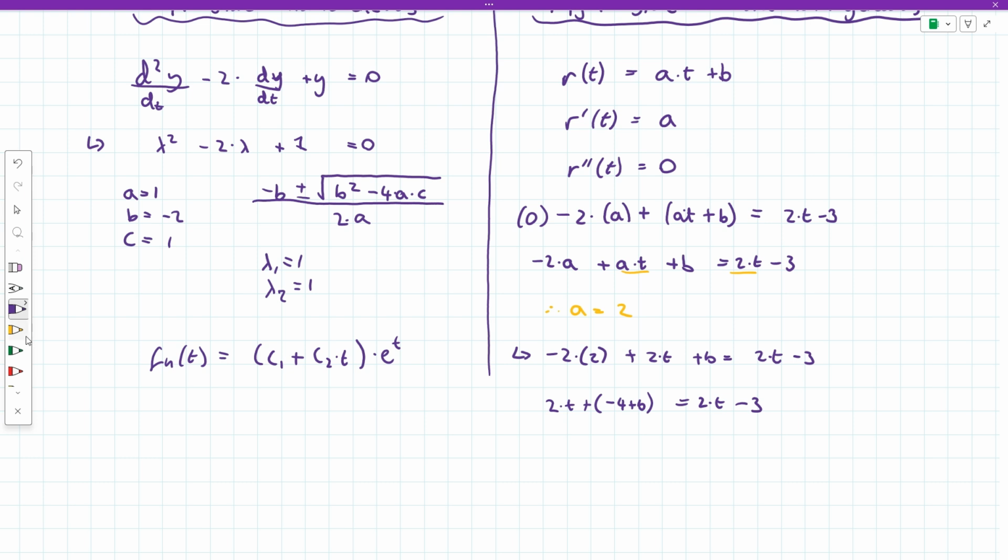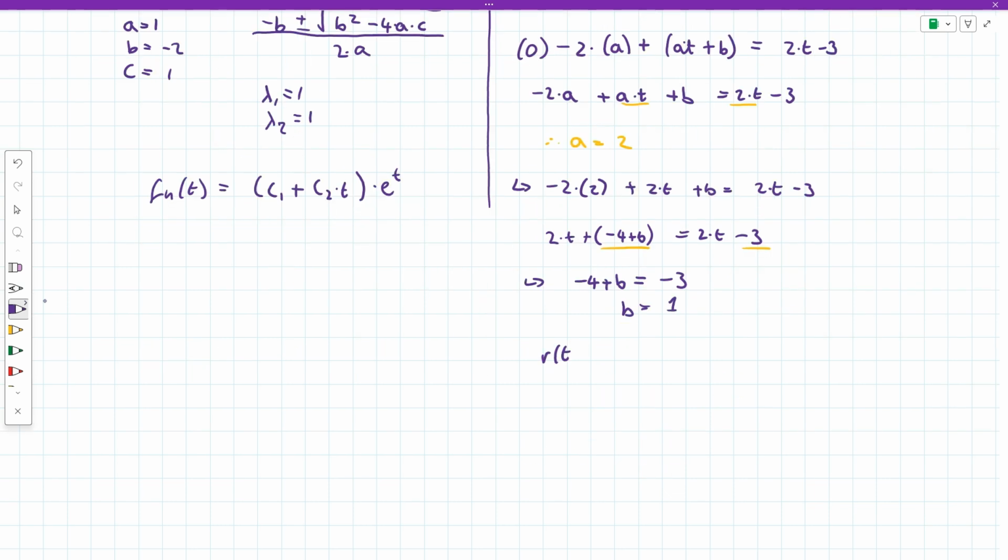Again, looking at the coefficients, we have these two which must be equal, which means that therefore minus 4 plus b is equal to minus 3, giving our value of b as 1. Now I know that a is 2 and b is 1, I can sub this into the form of at plus b. So r of t equals 2 times t plus 1.